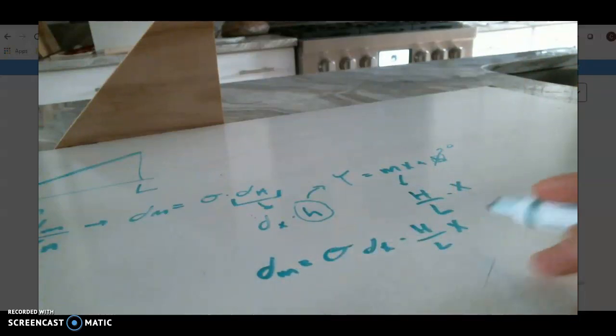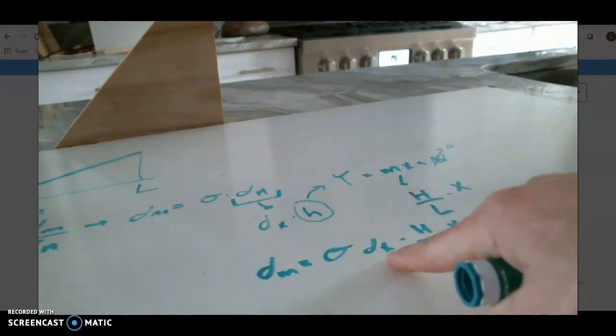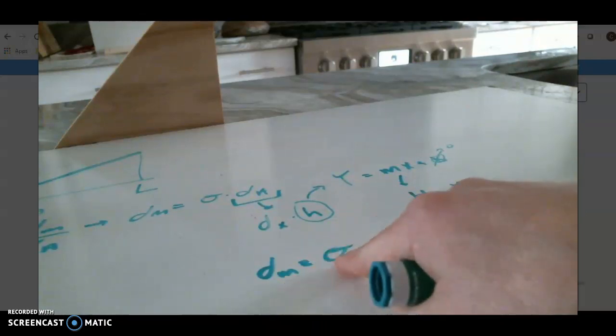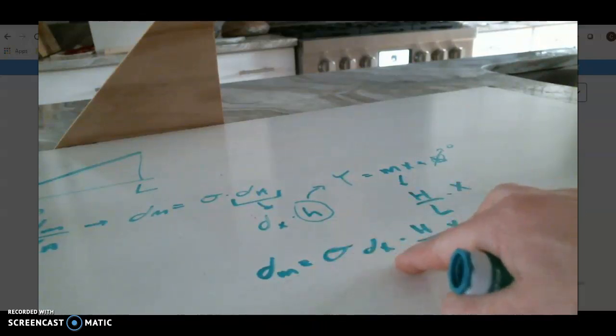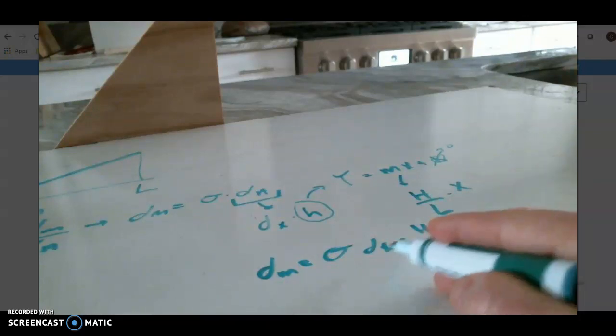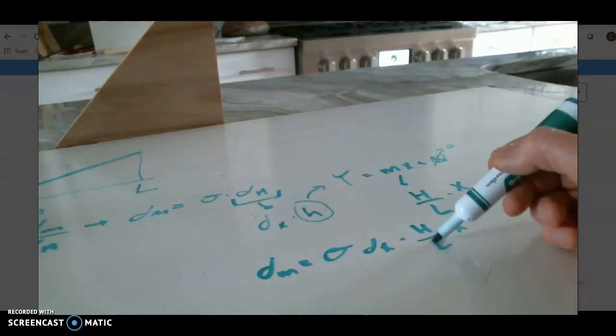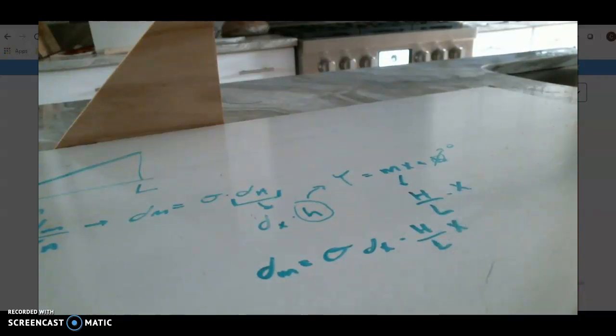That's what differential mass is, and I'll rewrite it because the dx is the only thing that changes. But remember, our differential mass is the density times the differential area. The differential area is the differential base times that differential height, which means the height at any given instant. It's a function of x. Okay? That's the area. Differential mass, sigma times that differential area.